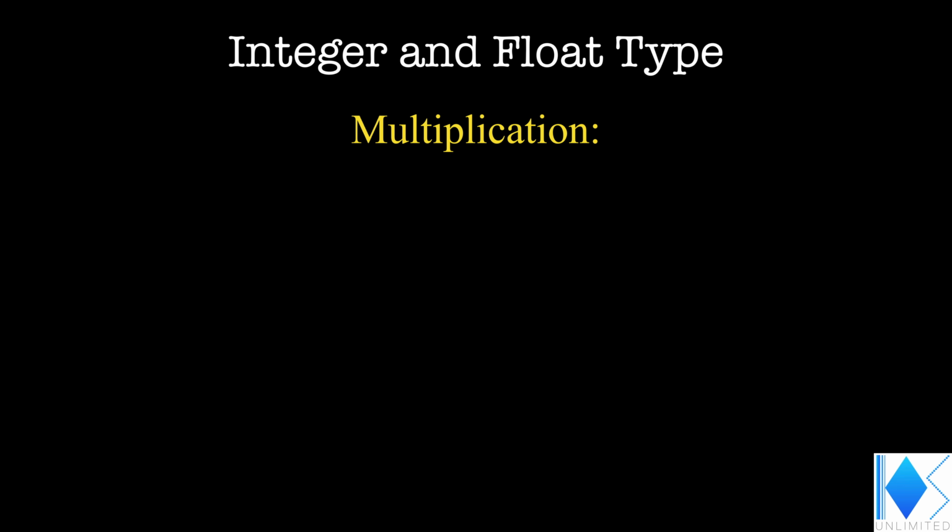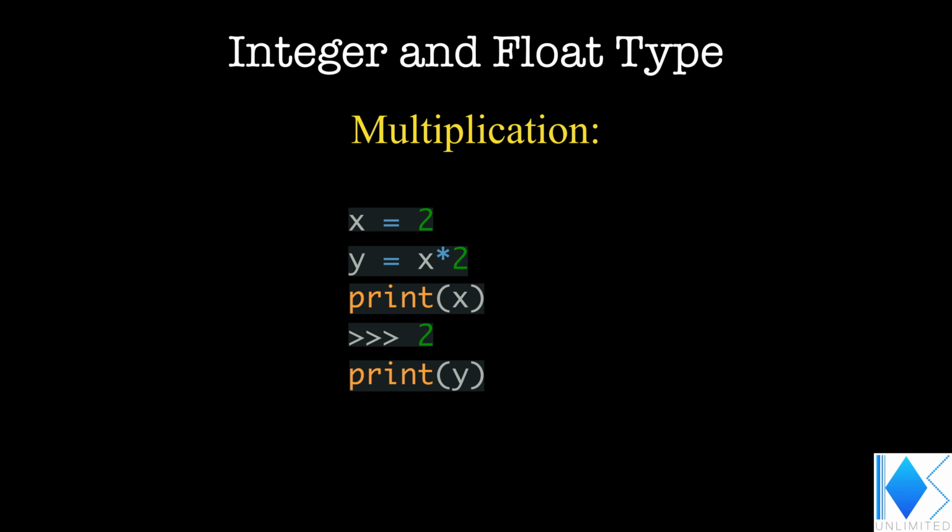Multiplication is used to multiply two numbers with each other. Let us set x equal to 2 and y equal to x multiplied by 2. The value of x will be 2 and the value of y will then be 4.